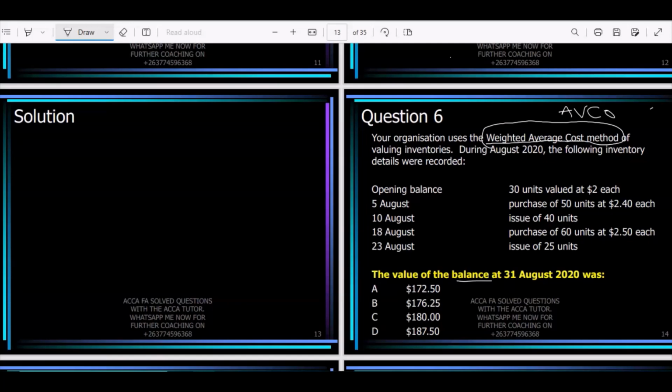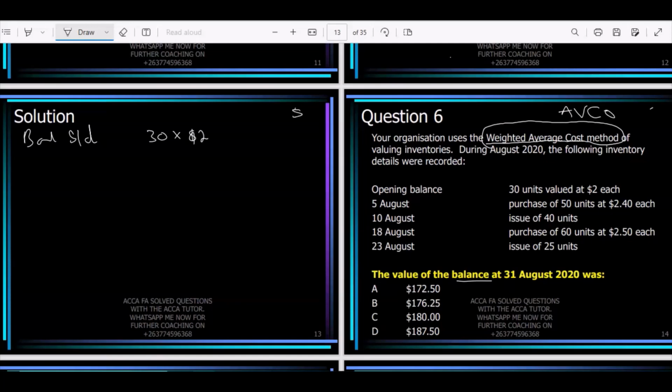Without wasting much of the time, let us do the calculations. We start with the balance brought down, or the opening balance, of how much? 30 units at $2.